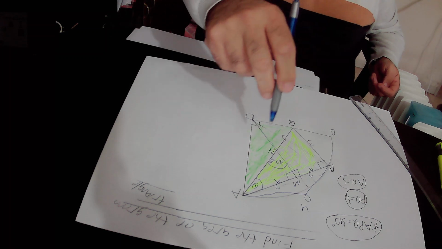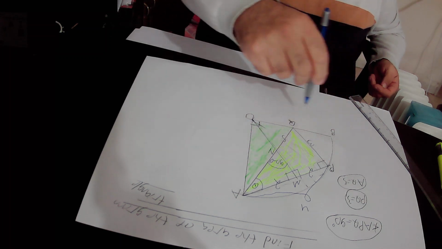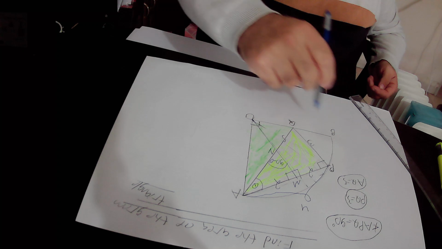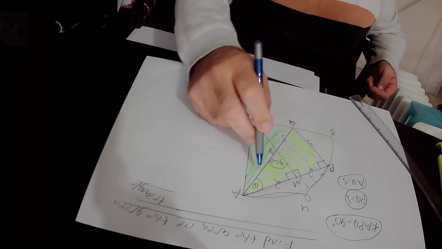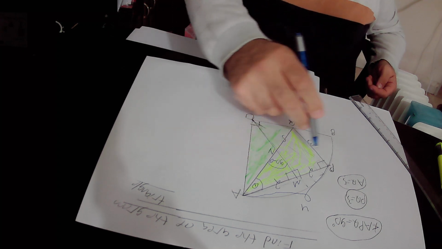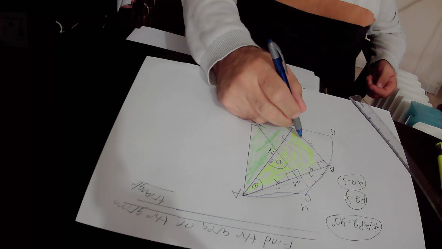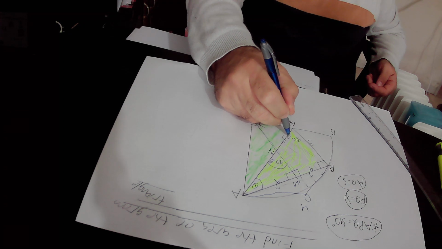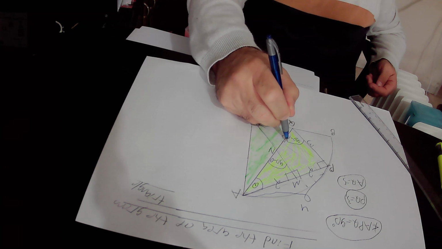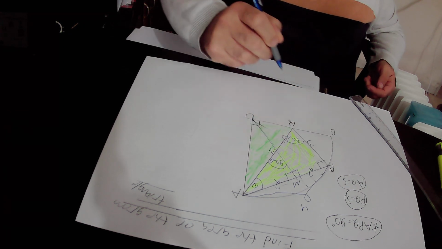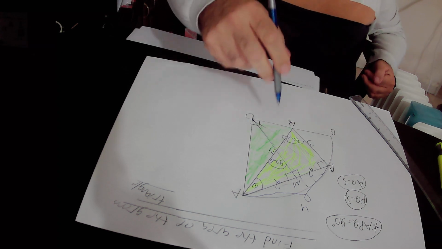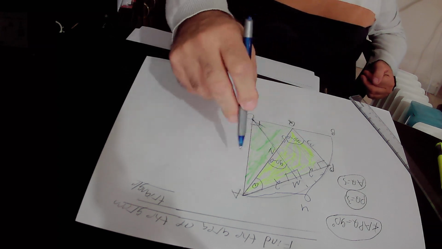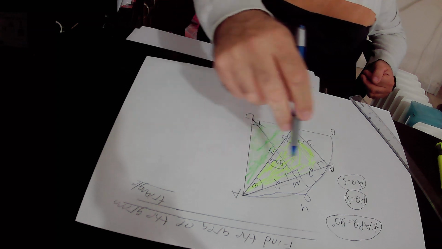Likewise, if we focus on the right big yellow triangle APQ, this angle equals theta. This angle equals 90 degrees, therefore the missing angle must be equal to 90 degrees minus theta. In the next step, we will prove that the small right yellow triangle AMN is similar to the big right yellow triangle APQ.